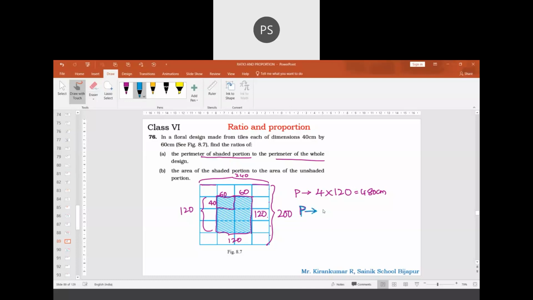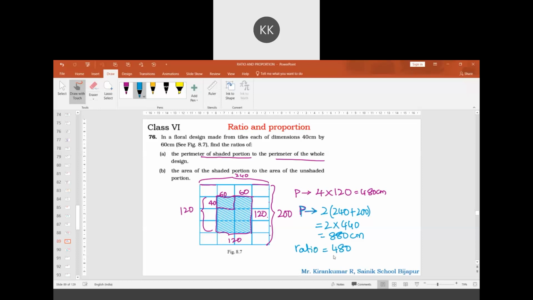It is 2 times of length plus breadth. What is the length here? 240. 240 plus 240 plus 200 plus 200. So 2 times of 440, that is 880 centimeters.